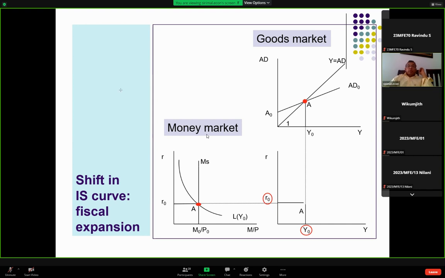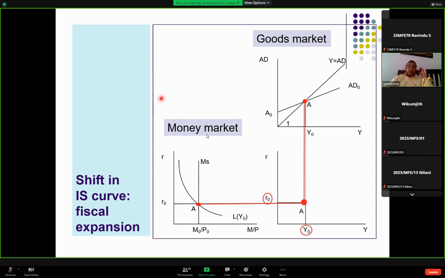So when we draw these lines, this line all the way down to this point, and the interest rate to this point, the meeting point of the two lines gives us what?